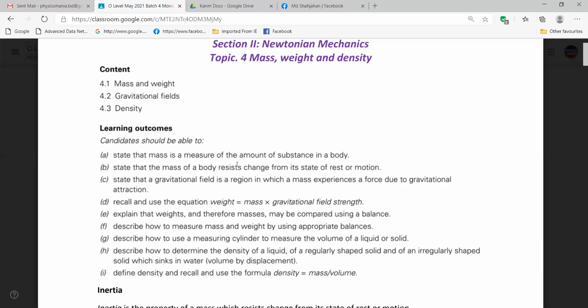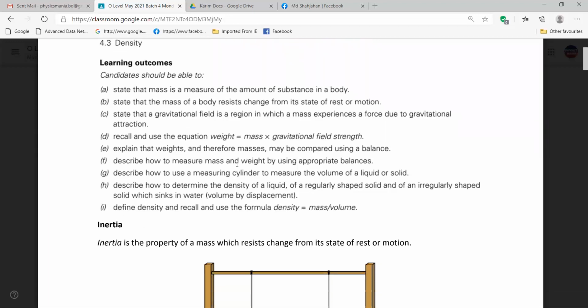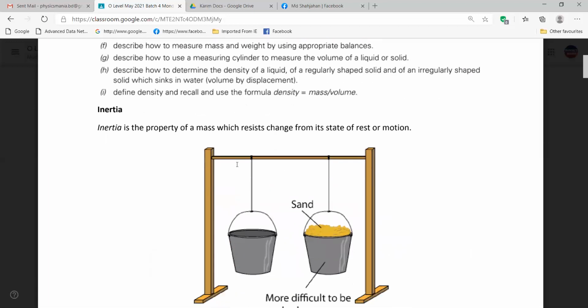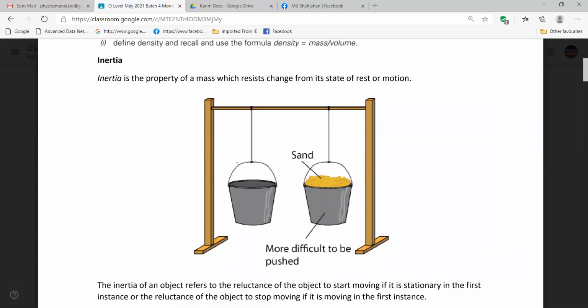So inertia is the tendency of the object to stay in its state of rest or state of motion. Is it clear? Yes, sir. So we can define mass with this inertia. You see here we wrote the description of inertia. Inertia is a property of a mass which resists change from its state of rest or motion.